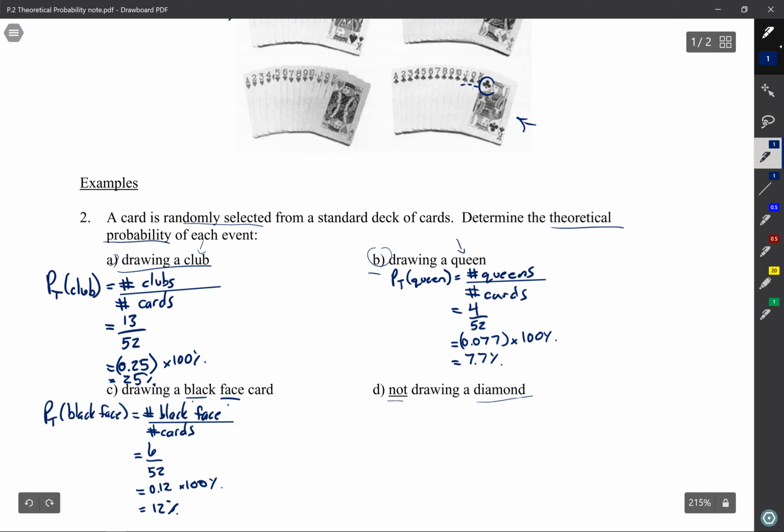So this one's, again, worded a little bit differently, but we'll work through it. So the theoretical probability of not a diamond is the number of cards that are not diamonds divided by the number of cards.